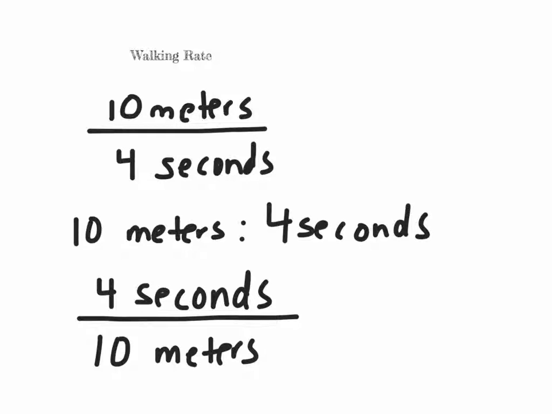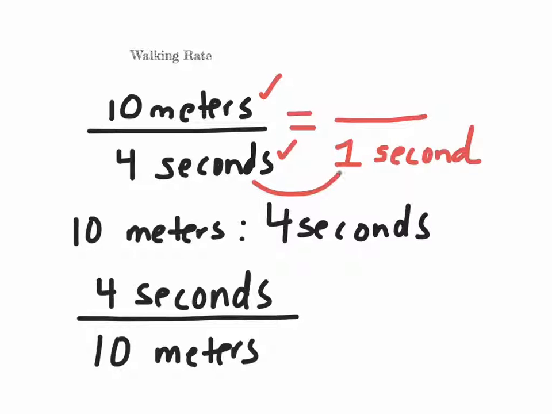What I mean by that is, if we look at my information in the first unit rate, if I want to go ahead and find how many meters I walked in 1 second, I would rather use the way I organized the first unit rate as comparing meters first and then seconds, because I can scale down by 4.